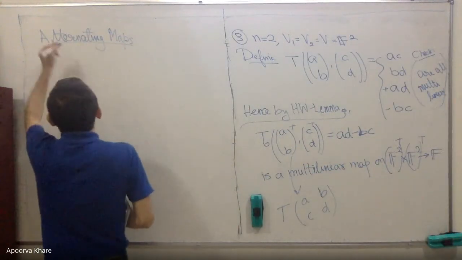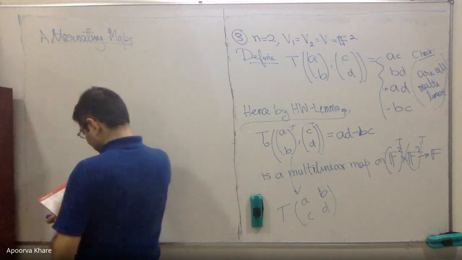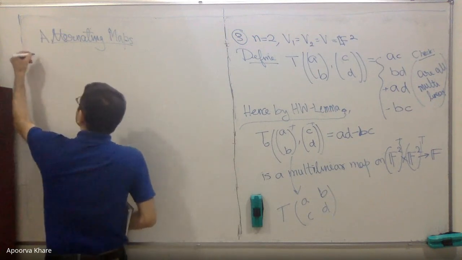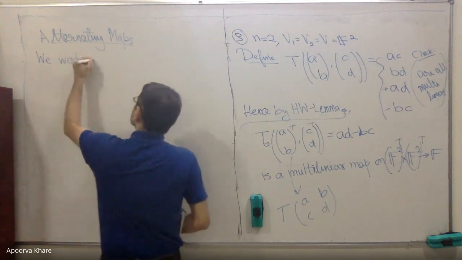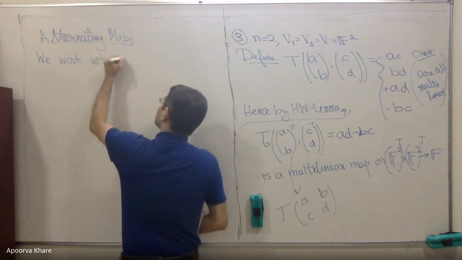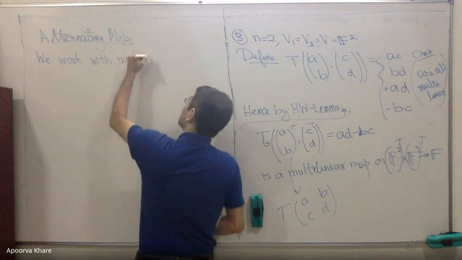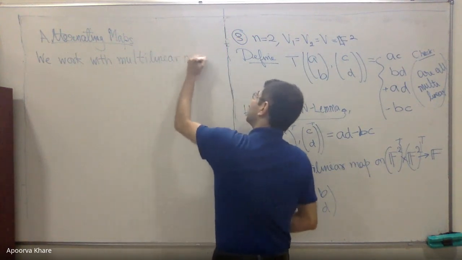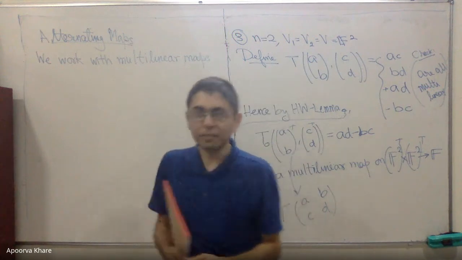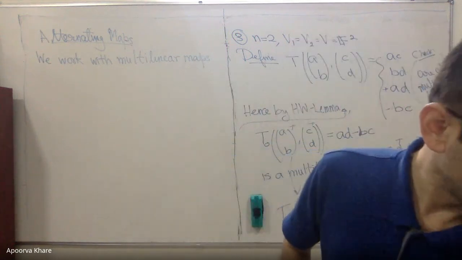Okay, so henceforth, let me even fix something. We work with multilinear maps. Okay, so again, everything is over a field.